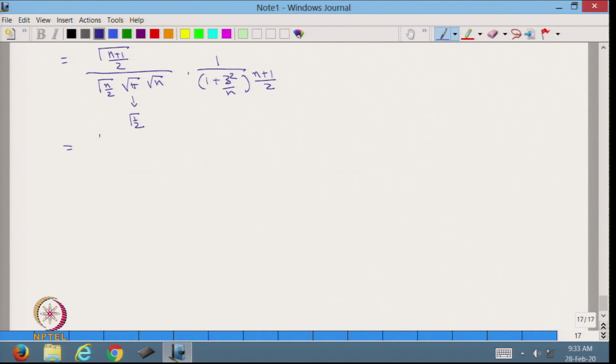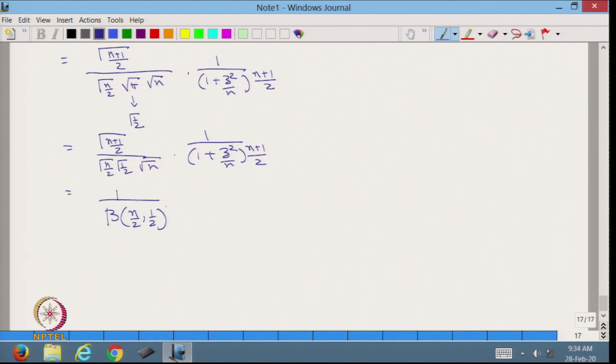Is equal to Gamma((n+1)/2) upon Gamma(n/2) Gamma(1/2) square root of n into 1 upon (1 + z squared by n) to the power (n+1)/2, which is equal to 1 upon Beta(n/2, 1/2) root n, 1 upon (1 + z squared by n) whole to the power (n+1)/2.